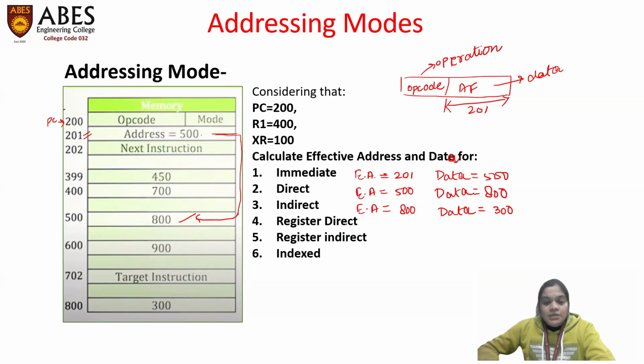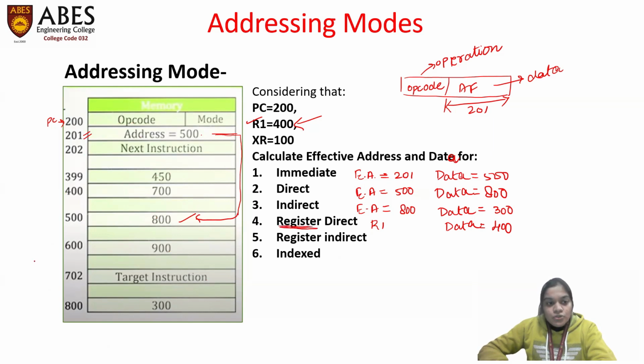Register direct. In case of register direct, you are already provided with the data: the register is R1, which is storing the data 400. You are provided in the question itself that the register direct is location R1. This is the memory set, but register direct, as the term states, is a register.